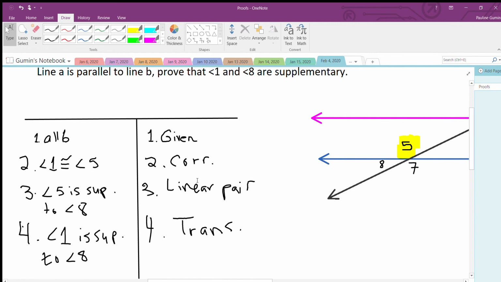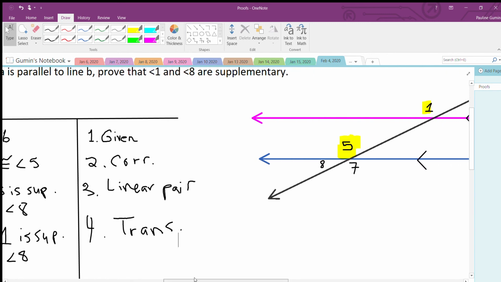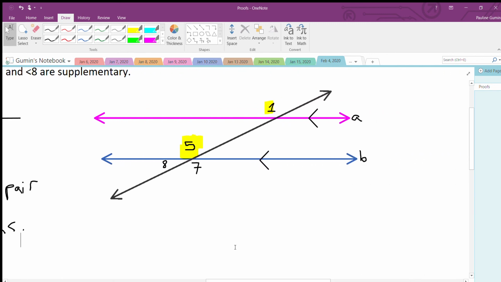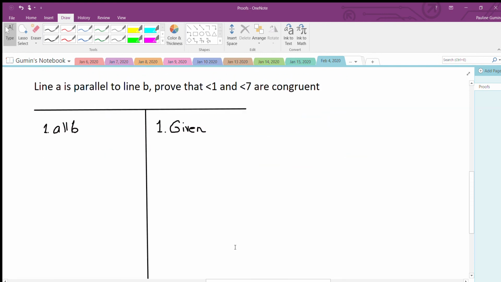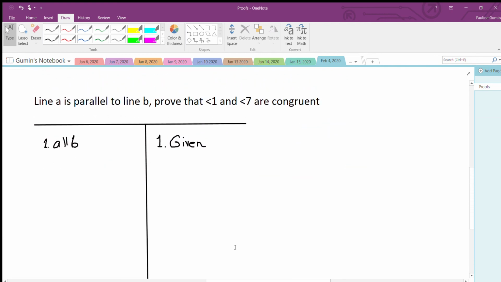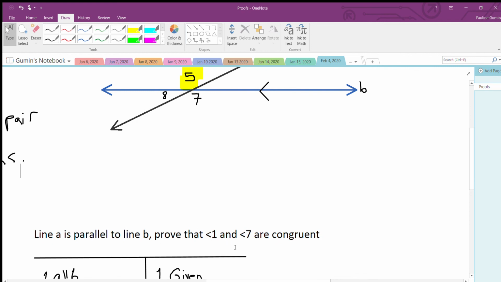Okay, let's do one more proof. This proof's a little different. Same picture though. We want to prove that 1 and 7 are congruent. Okay.